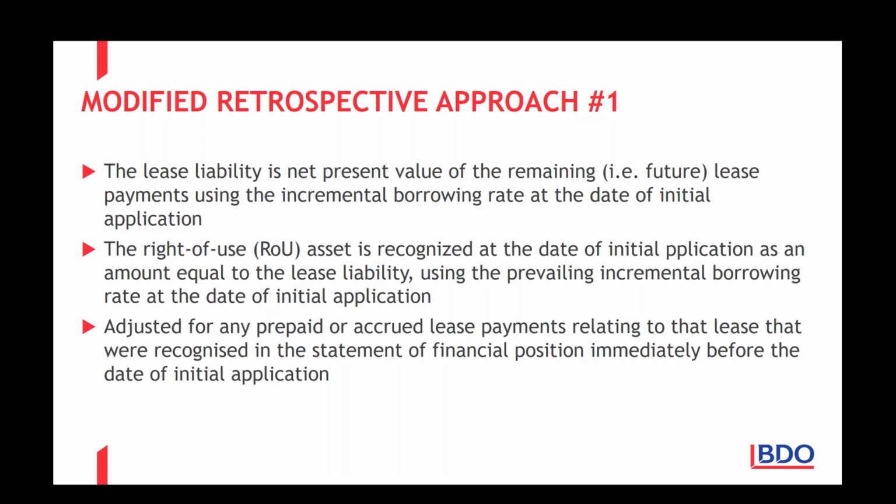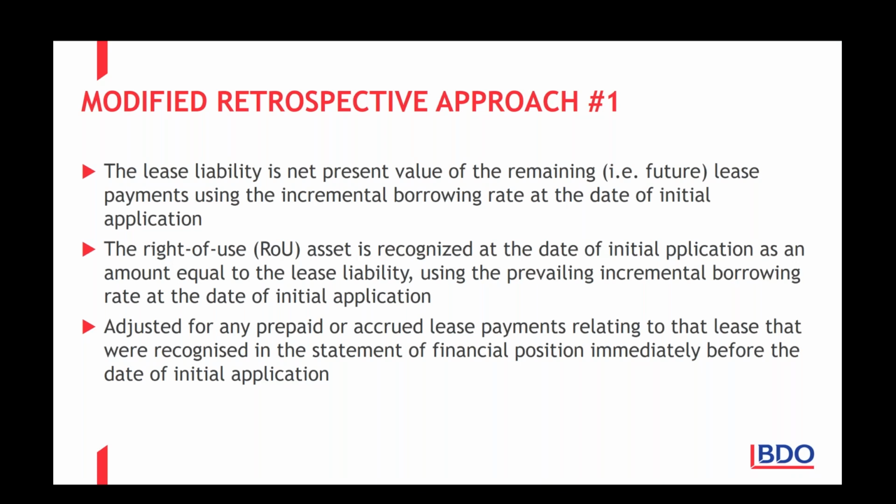So we're just going to say, I've calculated my lease liability, and that lease liability will now equal the right of use asset. But I'll adjust that right of use asset for any prepaid or accrued lease expenses that related to any leases that were recognized in the statement of financial position immediately before the date of initial application.